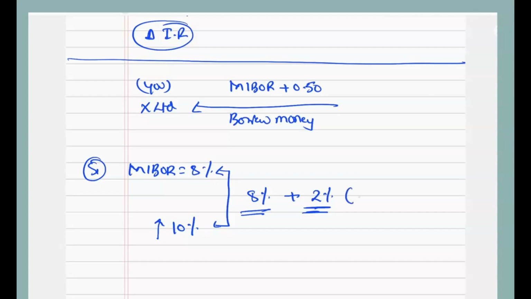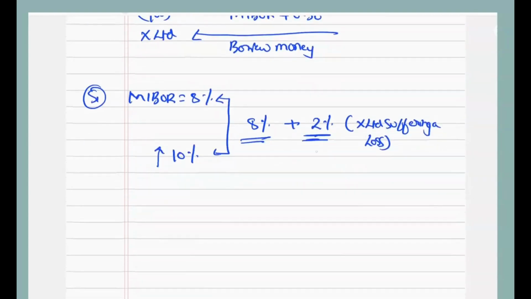So here X Limited is suffering a loss, and this extra 2% will be compensated by the collar seller, right?